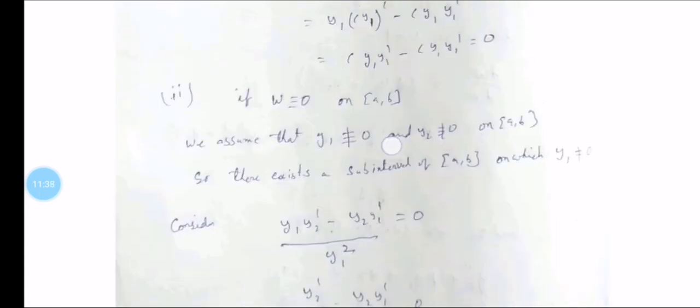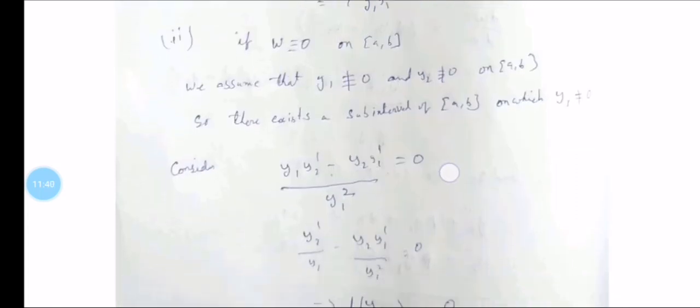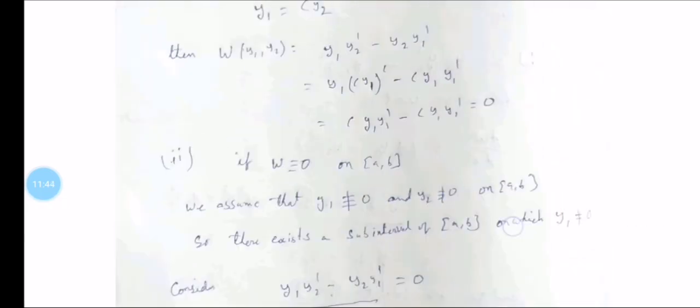Thus y2 and y1 are linearly dependent. First we assumed that y1 and y2 are linearly dependent, then we proved W equal to 0. Later we assumed W equal to 0, and we have shown y2 and y1 are linearly dependent. So this if and only if property has been proved.